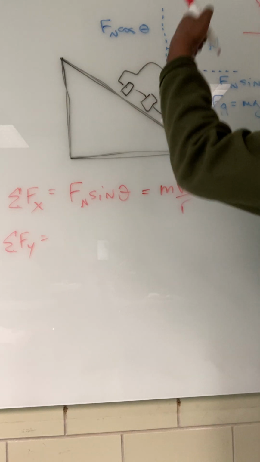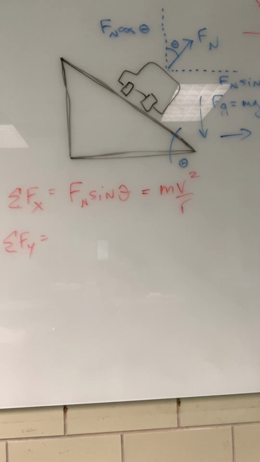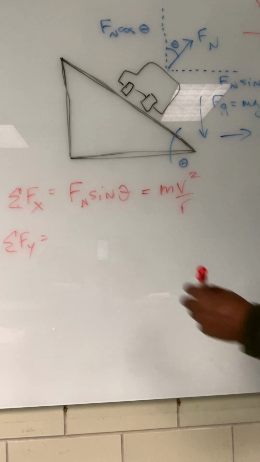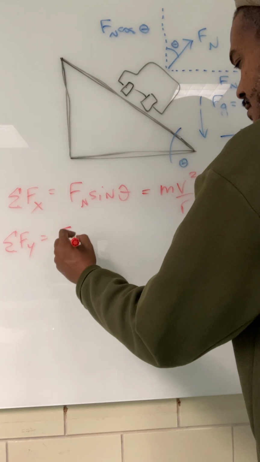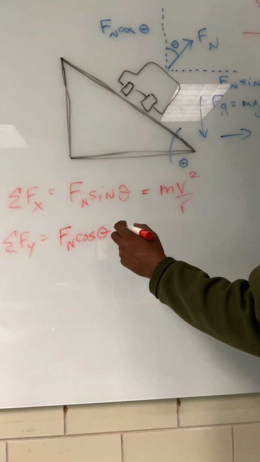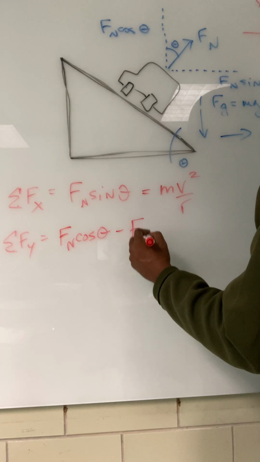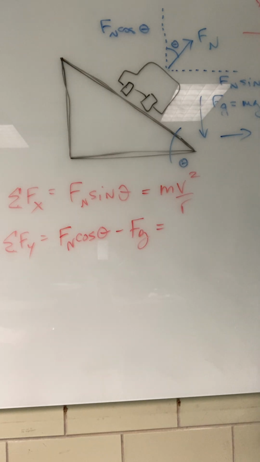Now we sum on the y. How do we sum on the y? Somebody tell me. It's the Fn cosine theta minus Fg equals, should be 0.